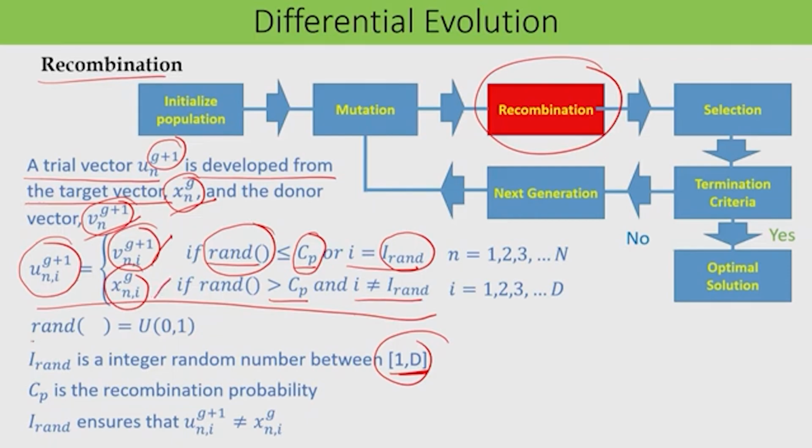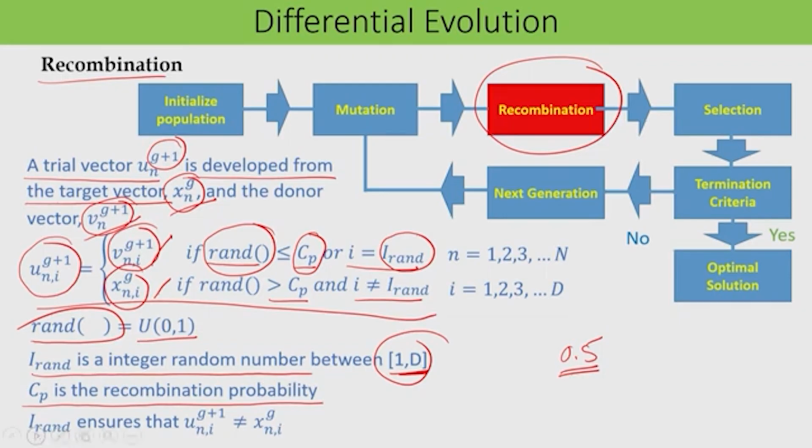As I said, the rand function will give you a random number between 0 and 1, i_rand is an integer random number between 1 and d, and Cp is the recombination probability. Suppose I take Cp equal to 0.5. That means 50% we are getting from the donor vector and 50% from the target vector.